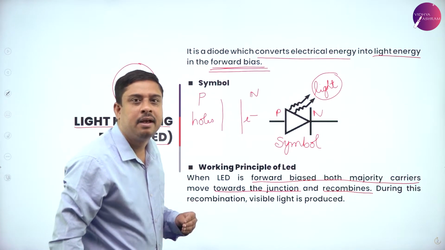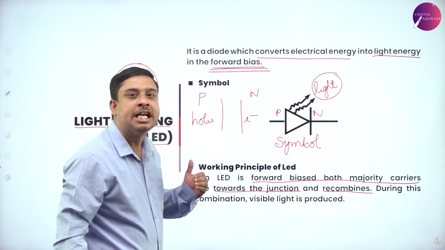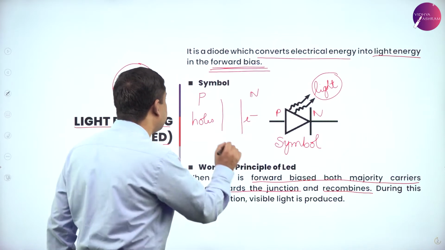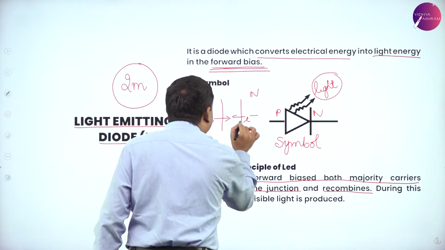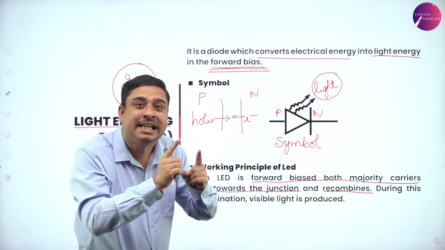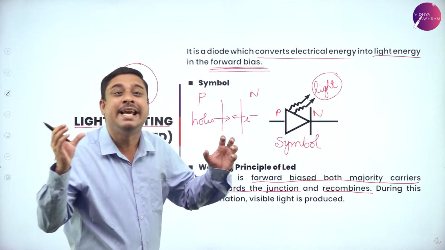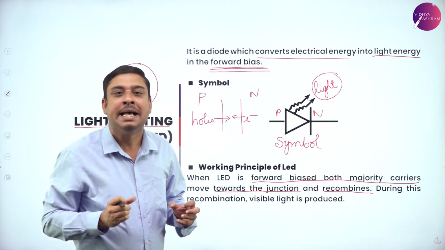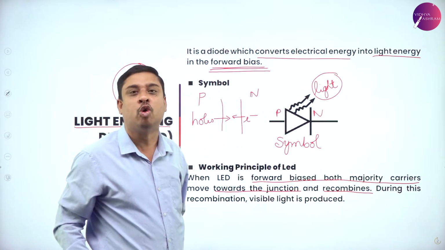Whenever the LED is forward biased, holes and electrons move towards the depletion region. They recombine. Now they are not specifically called as holes.